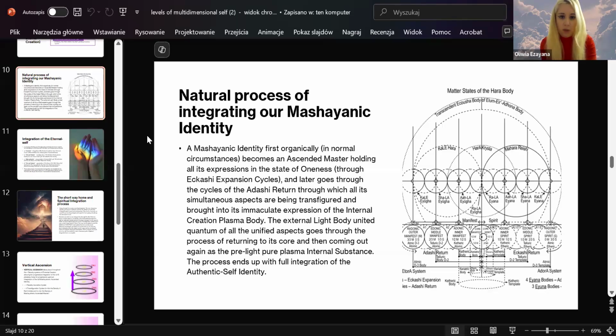The external light body united quantum of all the unified aspects goes through the process of returning to its core and then coming out again as the pre-light pure plasma internal substance. The process ends up with full integration of the authentic self-identity.